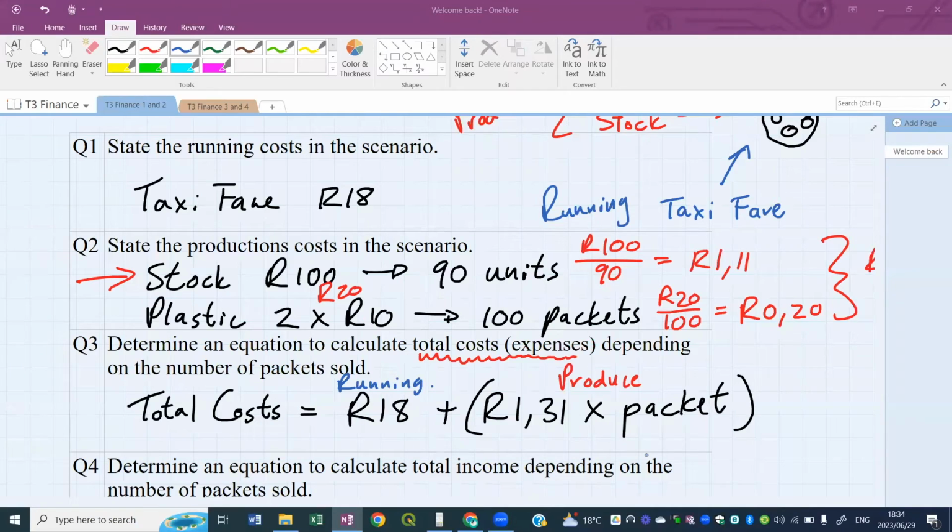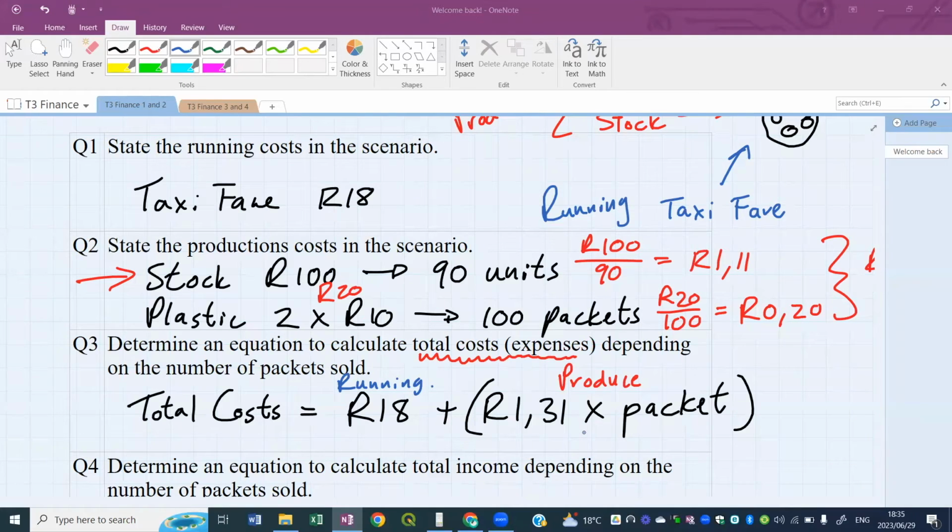The second thing is a production cost, a cost to produce. Now, it costs the young lady 1 Rand 31 to produce. So how much does she have to pay in a certain day? We don't know. It depends on how many she makes, but according to this batch, she makes 90 units. We could work it out for any batch, actually, because we have a price per packet. We could work out how much it costs her for 20 packets if she made 20 packets.